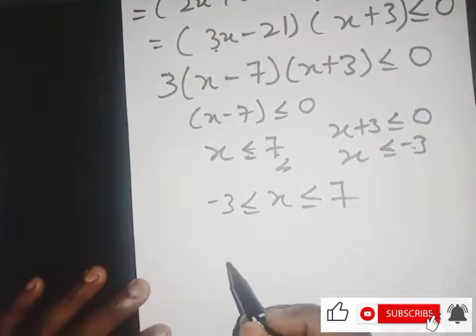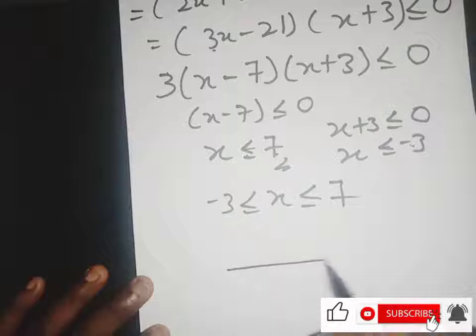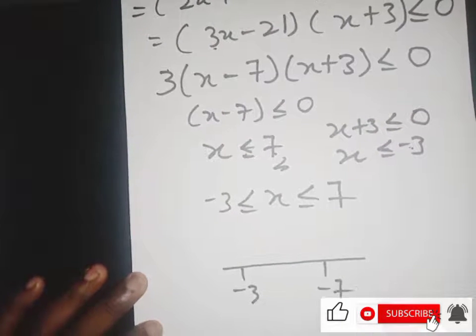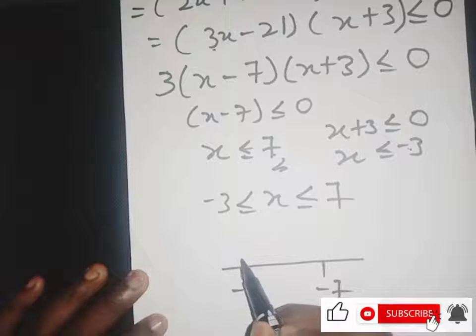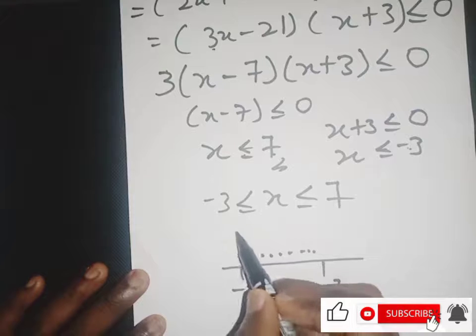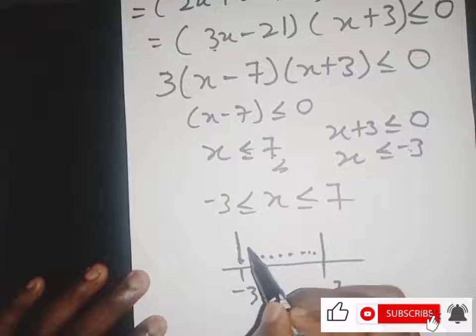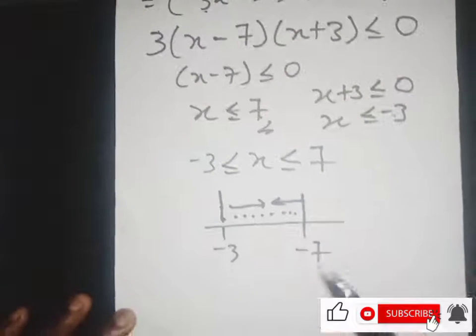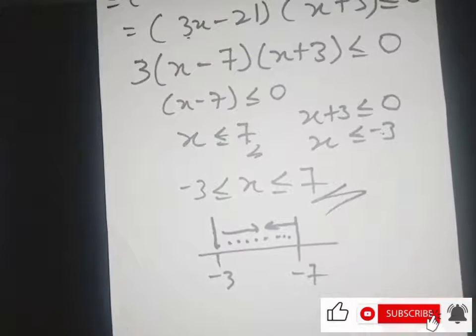And therefore, if we are to sketch the whole thing, we have -3 here, and then we have 7 in this case. So our range of values is just from this region, right? So that will be the values of s in this case.